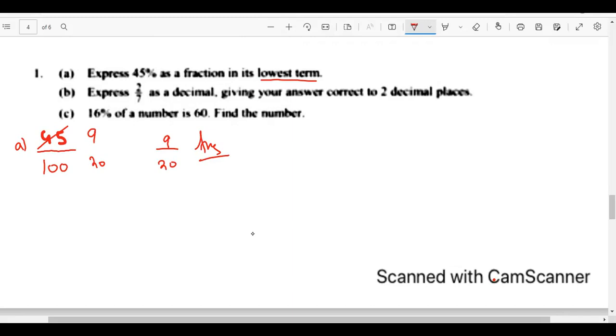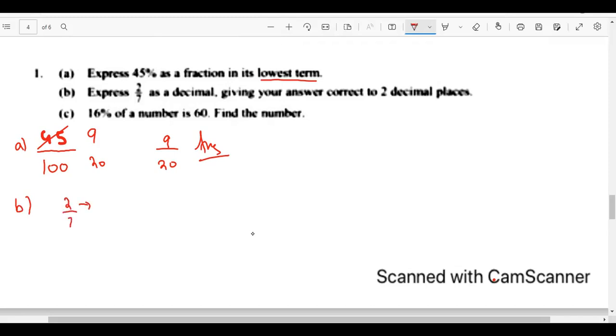Now the question is about converting a fraction into a decimal number. How do we convert a fraction to a decimal number? In order to do so, we have a fixed method. It's question part B, so it is 2 by 7.